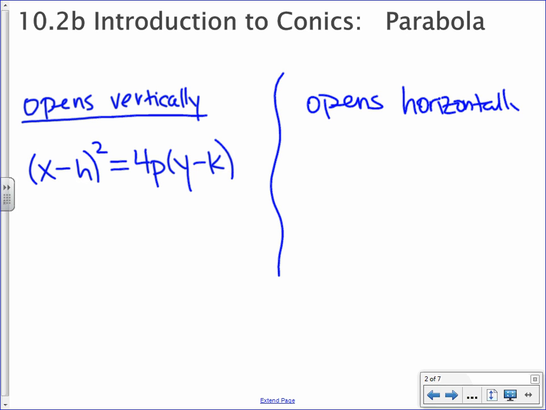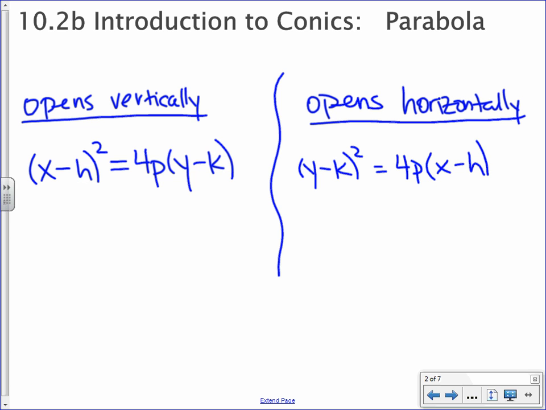If our parabola opens horizontally, left or right, Josie, what does that equation look like? Great. Okay.